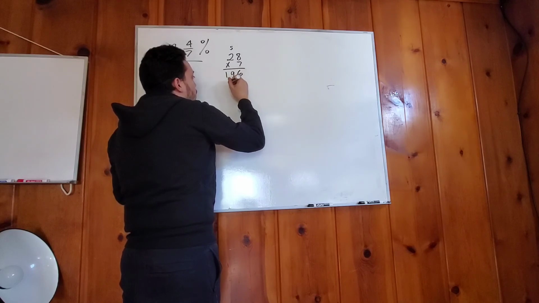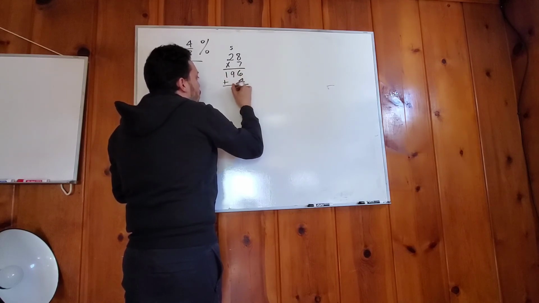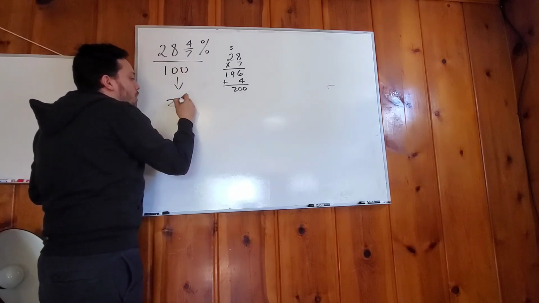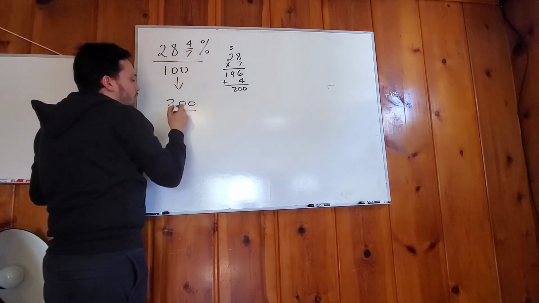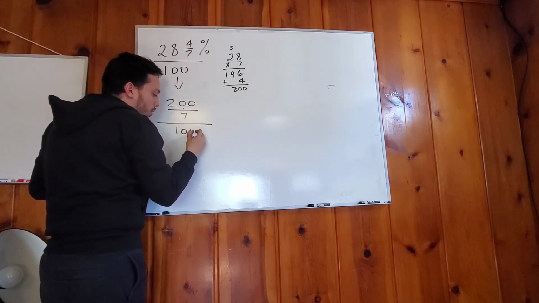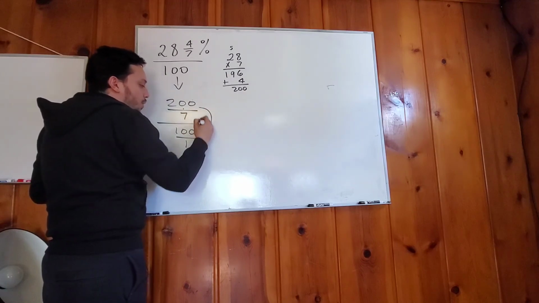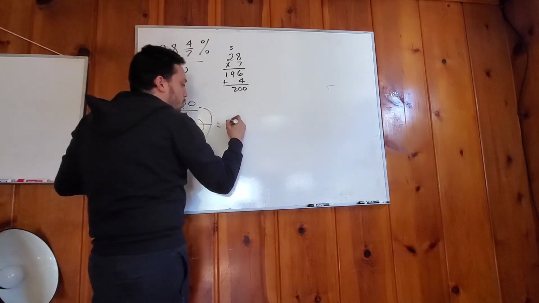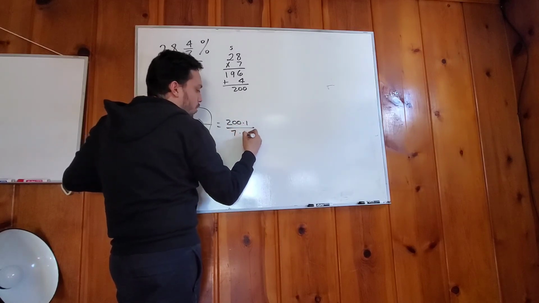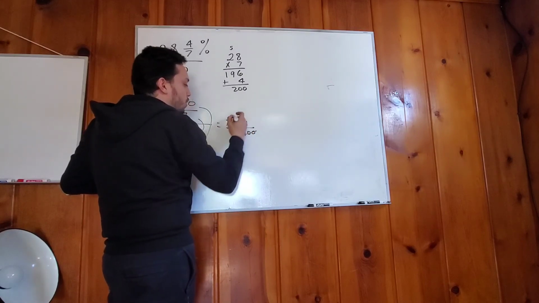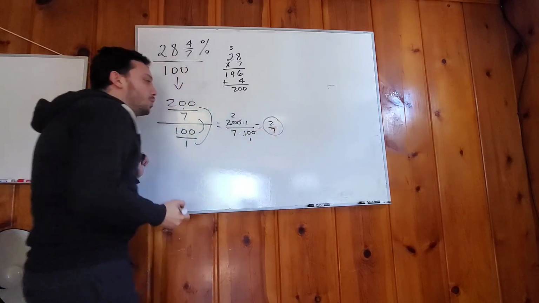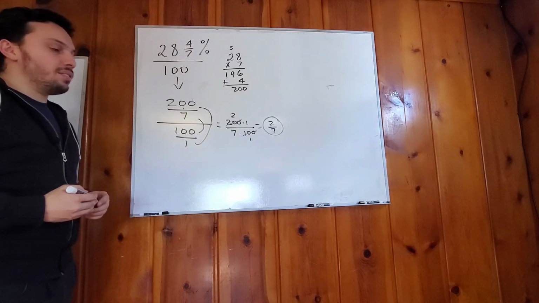So 196 plus 4 is 200. So what does it become? It becomes 200 over 7 divided by 100 over 1. We do the horseshoe, it becomes 200 times 1 over 7 times 100. We cancel out 100 and 200, it becomes 2 over 7. 2/7 is 28 and 4/7%.